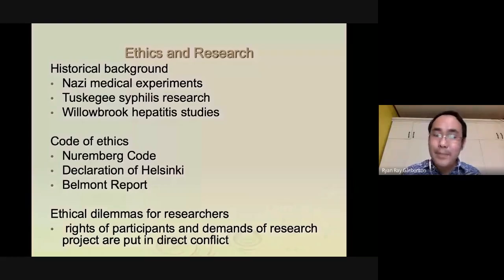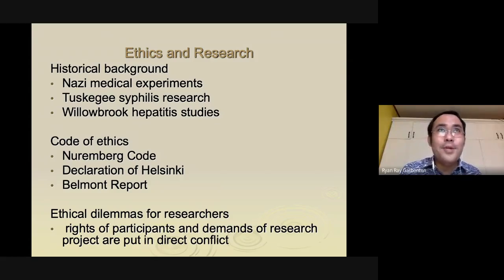However, this happened in the U.S. However, these African American males were subjected to a different protocol, or to a different research method.